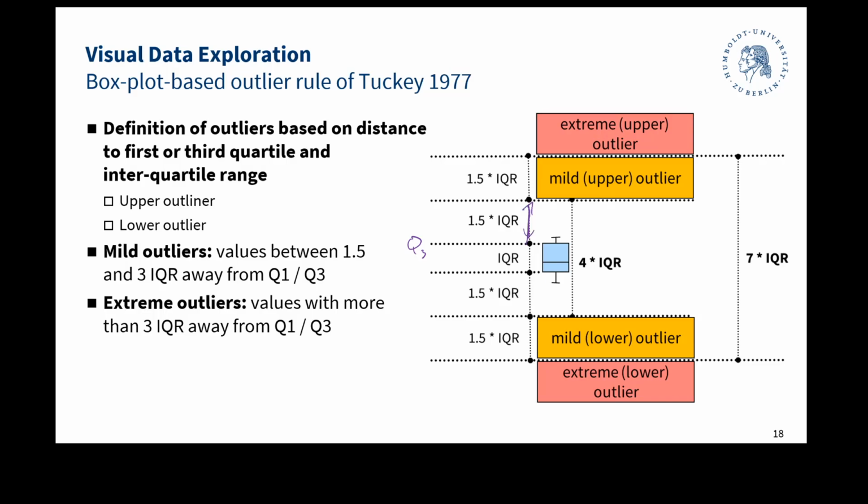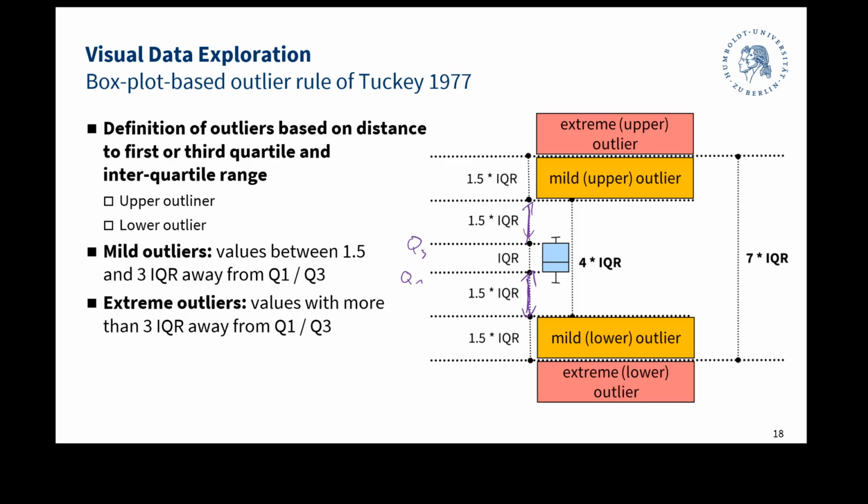And I drew this using PowerPoint, right? So it's roughly 1.5. Bear with me. And any value that is above that threshold here, 1.5 times the interquartile range, this value we consider a mild or a soft outlier or upper outlier. The same story goes for soft lower outliers, i.e. if this is Q1 and then we go the same type of distance downward and find observations in an age range less than this cut point, then we consider it a soft lower outlier.